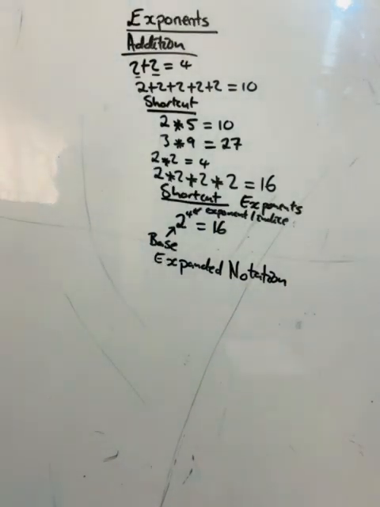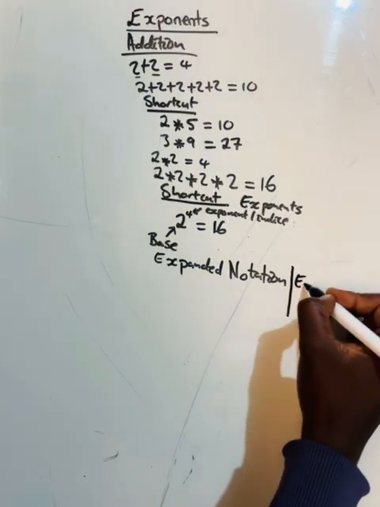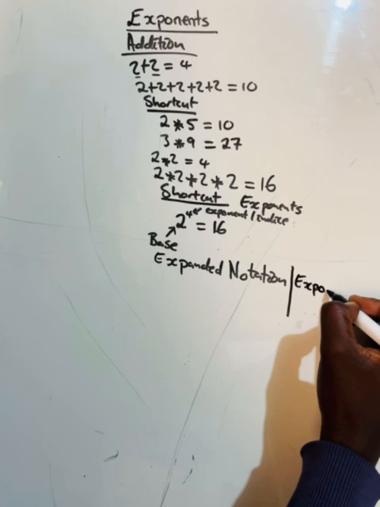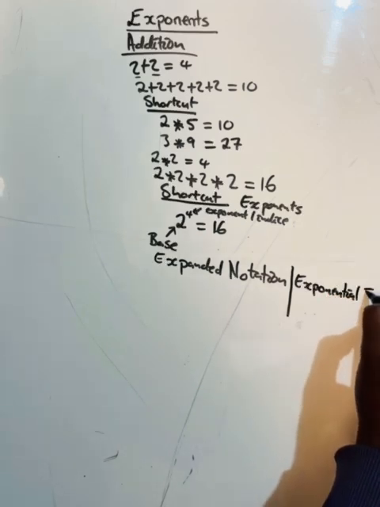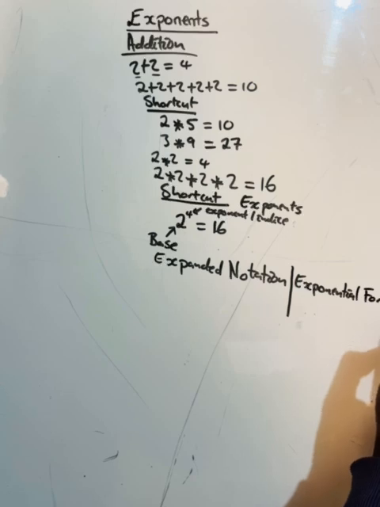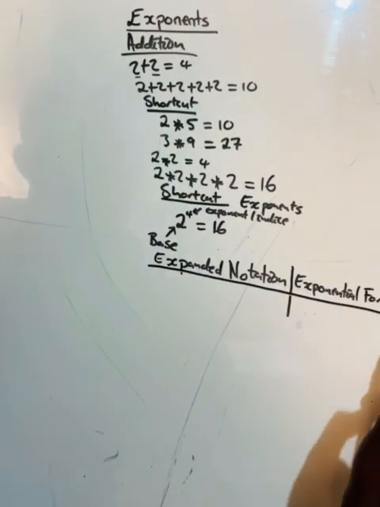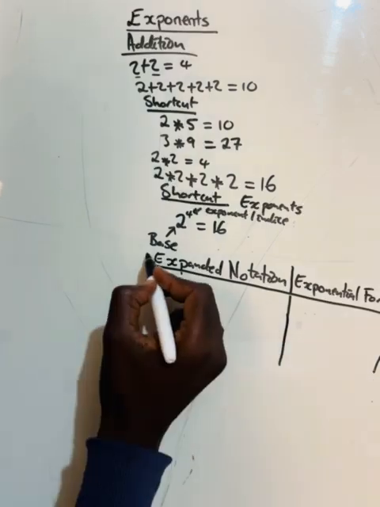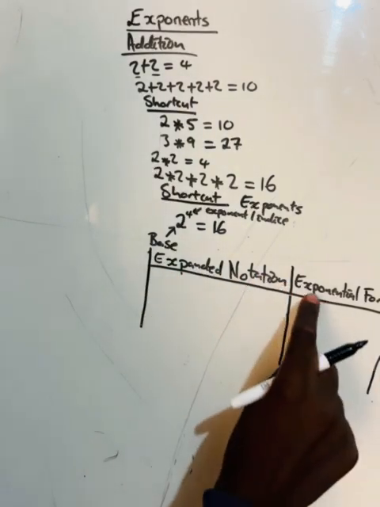And the shortcut that we spoke of is what is known as exponential form.